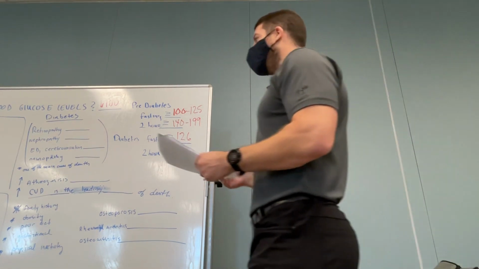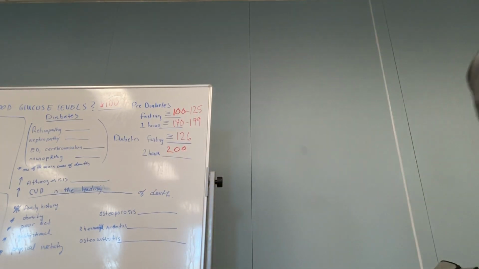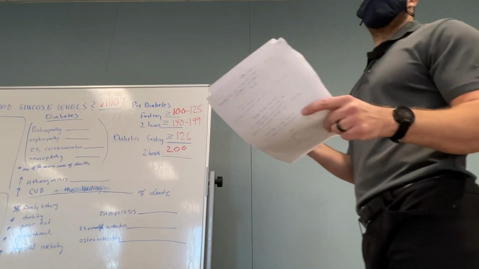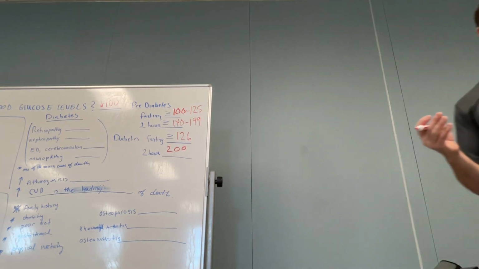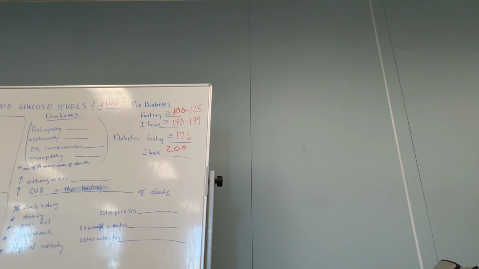Okay, diabetes is when your body is no longer insulin sensitive. When you eat sugar, your body releases insulin by way of the pancreas, and what happens is we try to burn that sugar, and if we can't burn that sugar, we store it as fat.